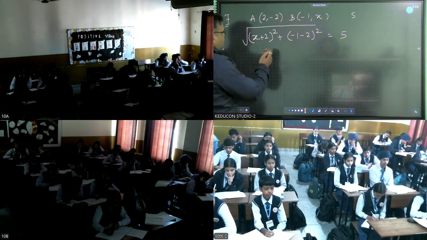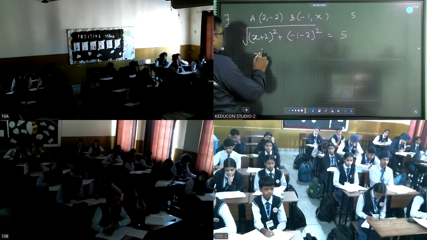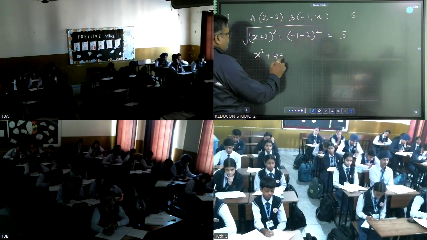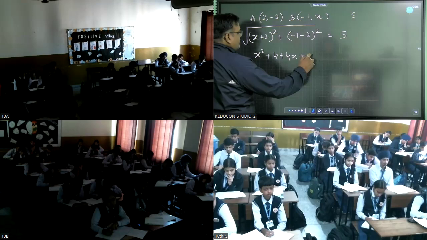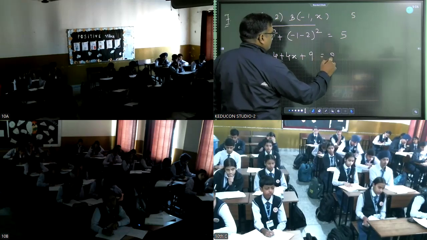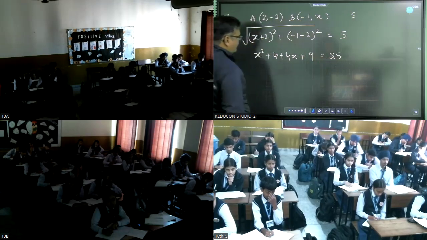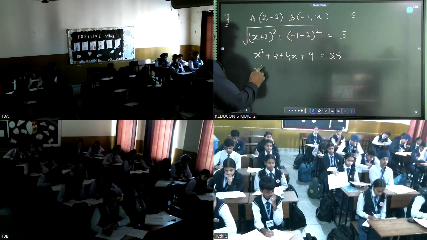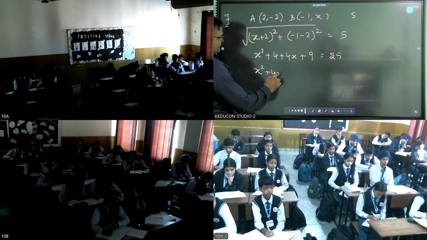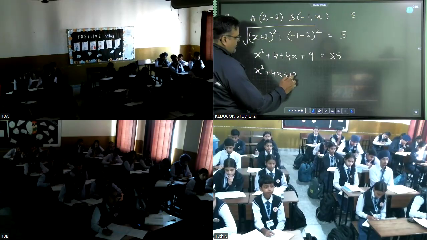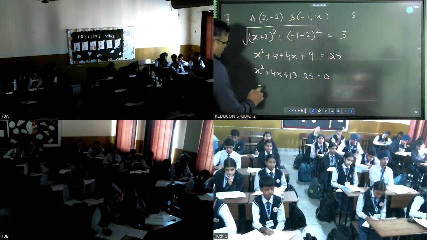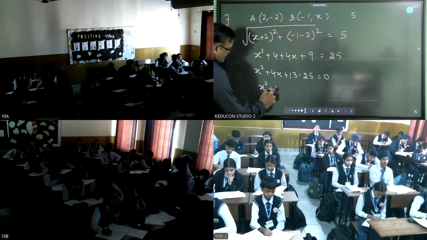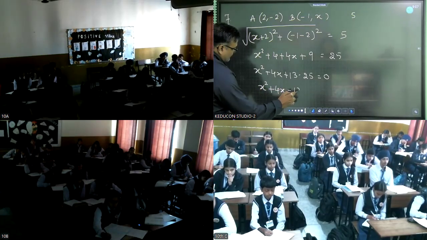So what this becomes, squaring both sides, x plus 2 whole square plus 9 equals 25. So this becomes a quadratic equation: x squared plus 4x plus 13 minus 25. So the quadratic equation becomes x squared plus 4x minus 12 equal to 0.